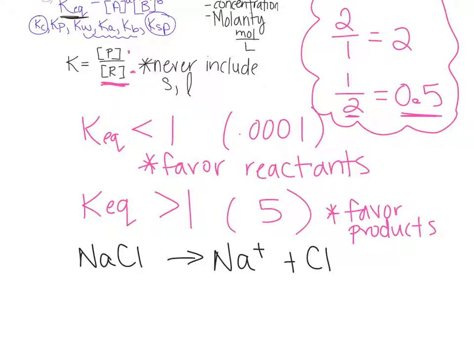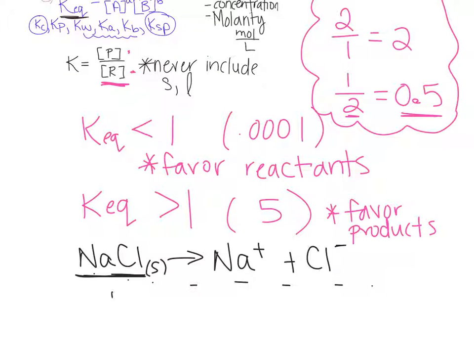All right, so K SP is going off of this idea. Was sodium chloride solid or aqueous when I put it into the water? Was my salt solid or aqueous when I put it in? Solid. Good.